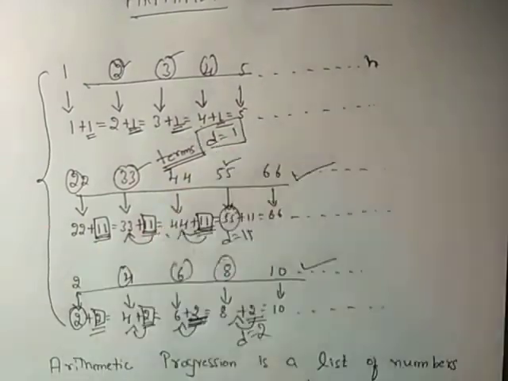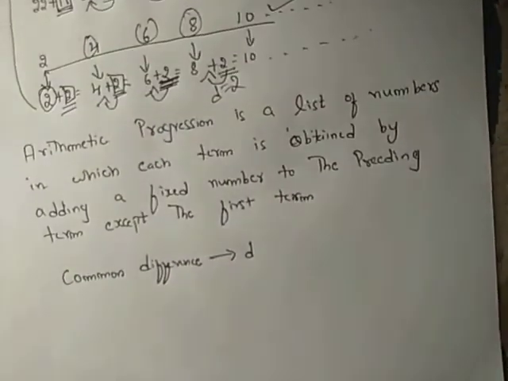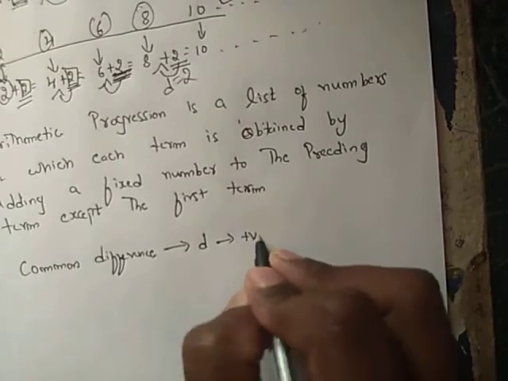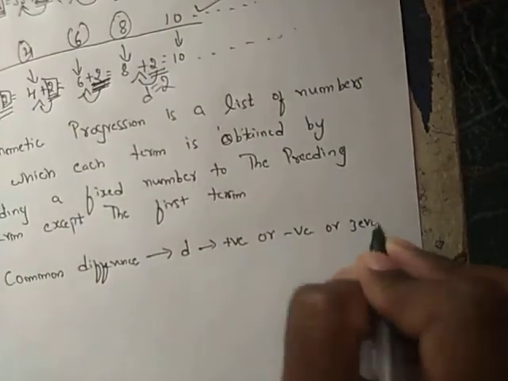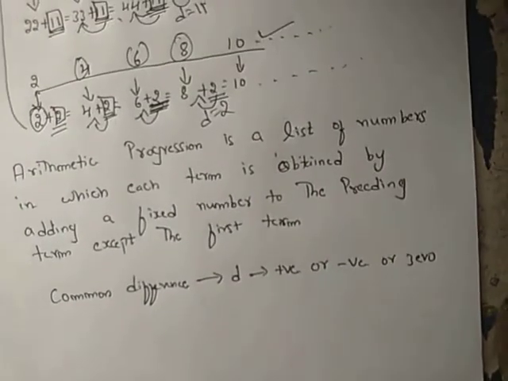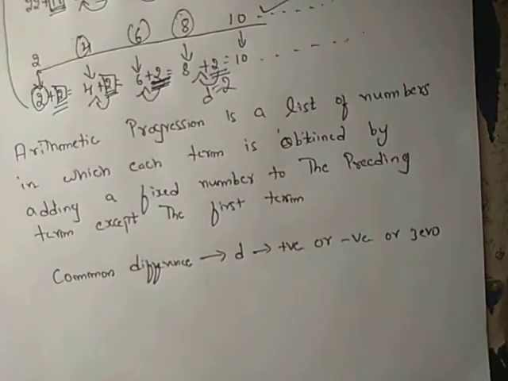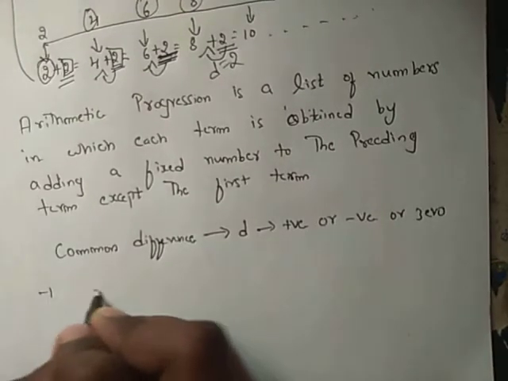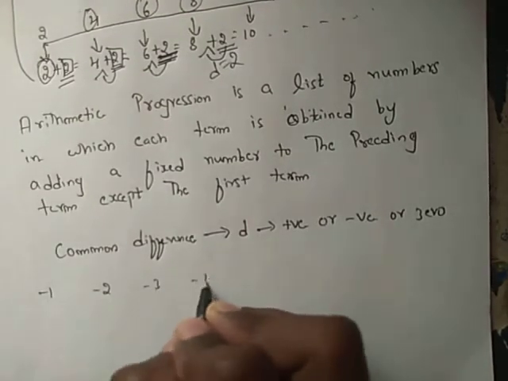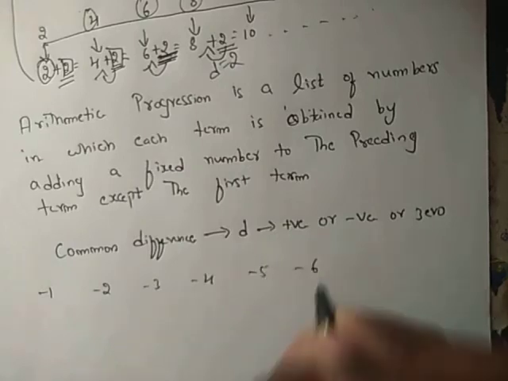The fixed number is called the common difference, and this common difference may be positive, negative, or even 0. Let us see one example where the fixed number is negative. Suppose we have a sequence like -1, -2, -3, -4, -5, -6.